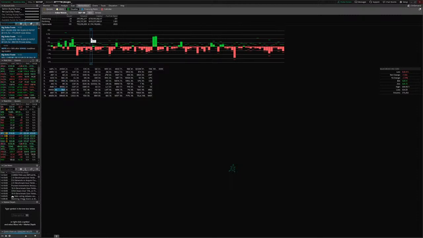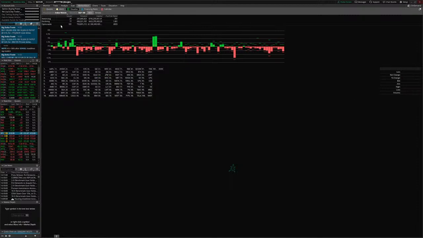And note that this rally today is driven all by, and it may be a little bit easier to see, the S&P 100 showing stocks that are rising versus stocks that are decreasing.